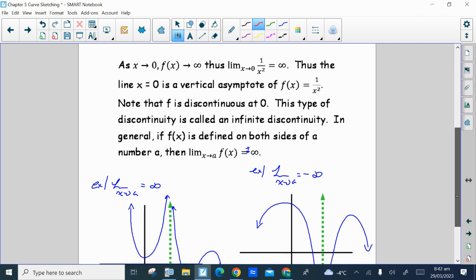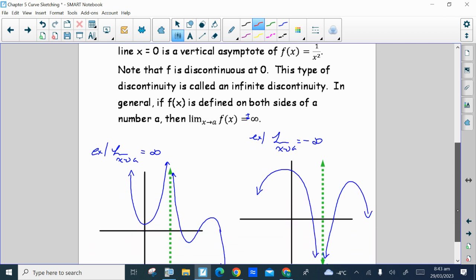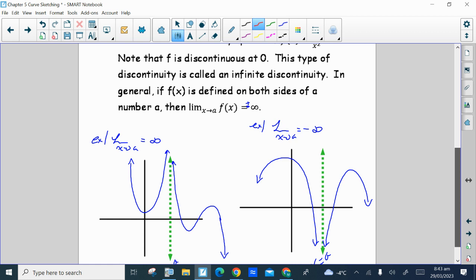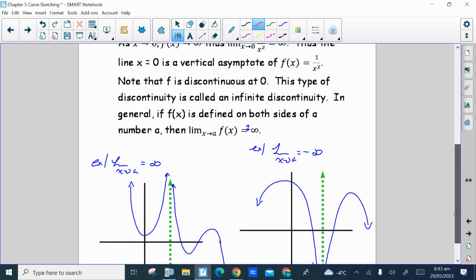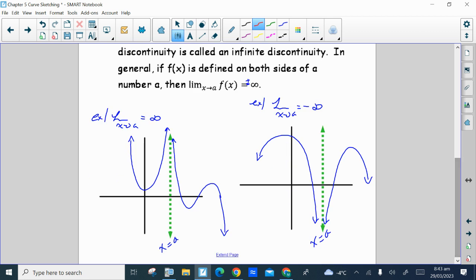So in general, if f at x is defined on both sides of a number a, then the limit as x approaches a of f at x will equal positive or negative infinity. And there are some different ways that we can see this happen. In the case of that first example, notice that the graph is approaching infinity on both sides of the vertical asymptote x equals a.